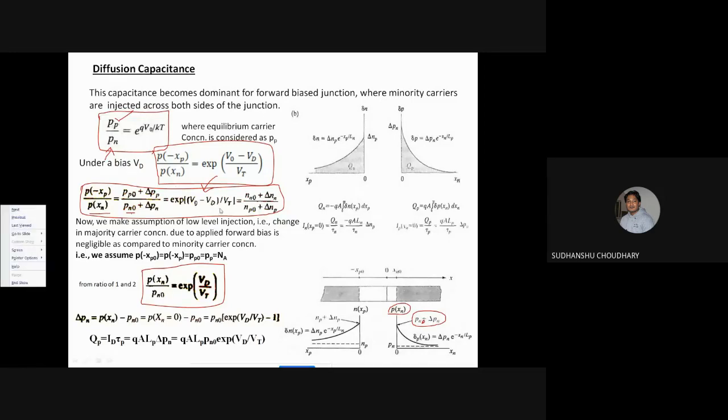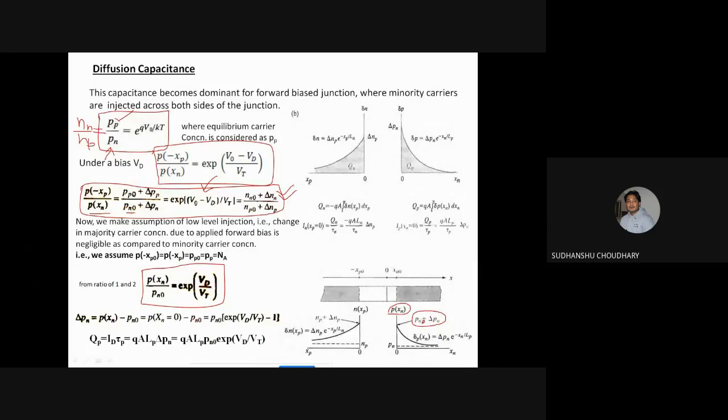And which is also equal to, since Pp by Pn is equal to Nn by Np, Nn by Np can be written from here, that is Nxp. So Nxp is Np plus delta Np. Similarly, one can write out Nn also, Nn minus Xn. So we have one more relation over here.